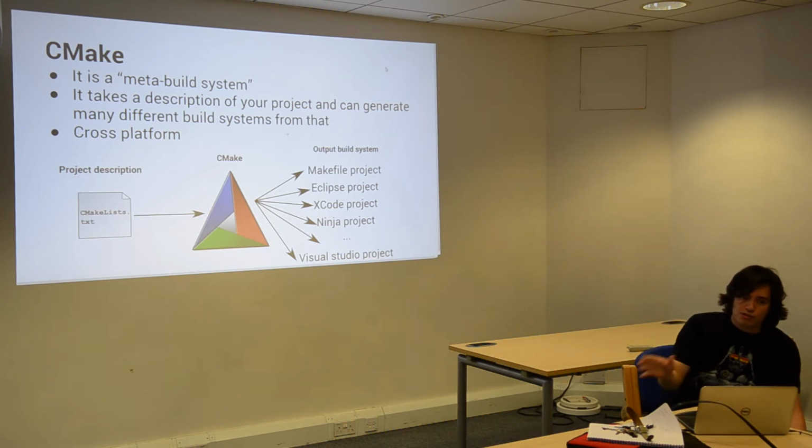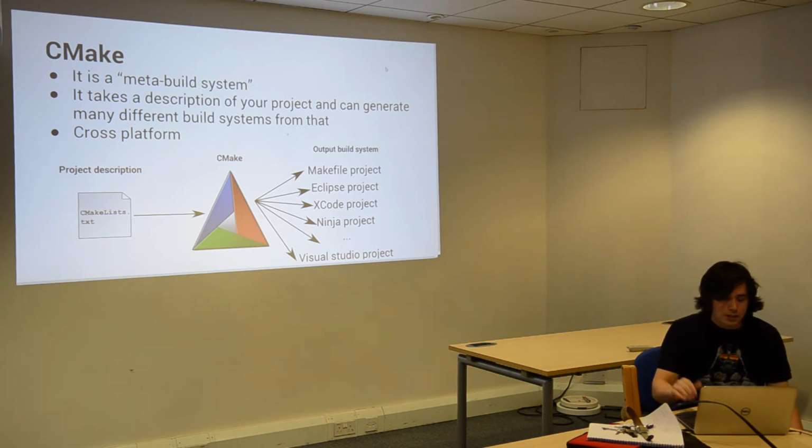So you're abstracted away from choosing a particular build system. You just write this one file, and then someone on Windows can generate a Visual Studio project if they want. But say someone on Linux, they can take the same project and just generate a makefile, and it builds basically in the same way. So does that make sense to everyone?